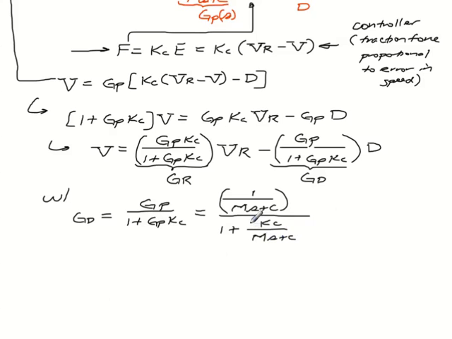I've already got the Kc multiplying there. And therefore, when I multiply top and bottom by (ms plus c), I get 1 over (ms plus the damping drag coefficient c plus our gain Kc), and then our transfer function between the input speed and the output speed is just Kc times Gd.